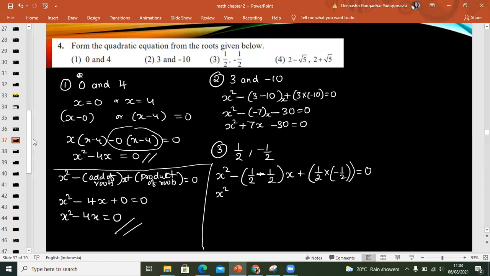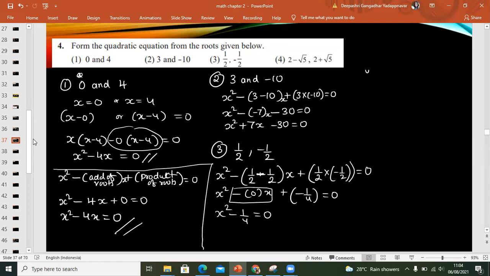So x square, negative half minus half, you know it's 0. So this will become 0x, plus times negative gives you negative 1 by 4 equals 0. So this can be written as x square minus 1 by 4 equals 0. The 0x term will become 0 because 0 is multiplied with x. So this is the equation you are going to get.